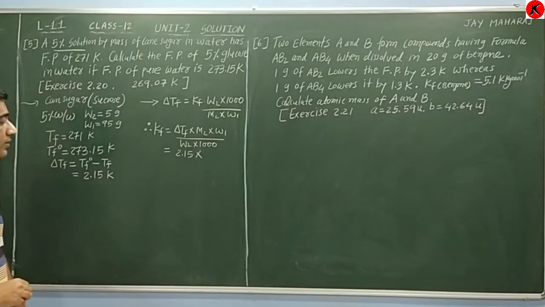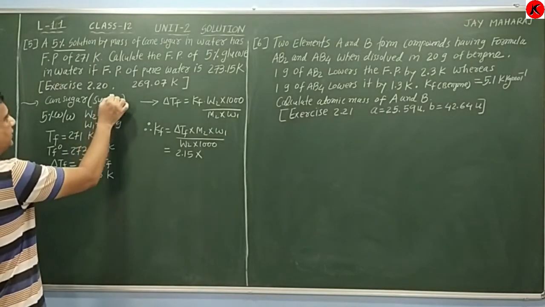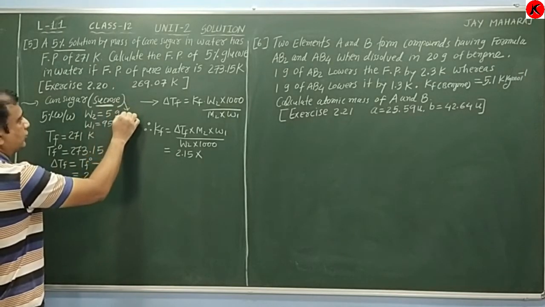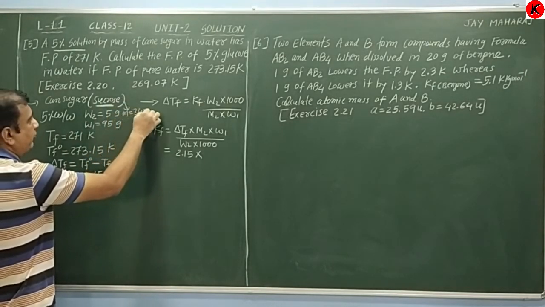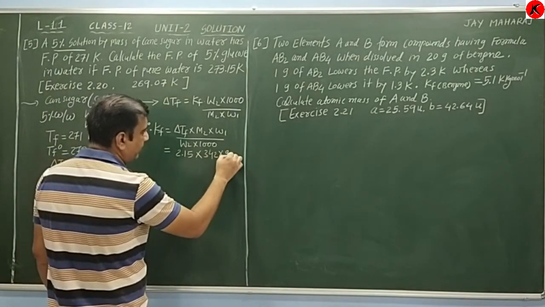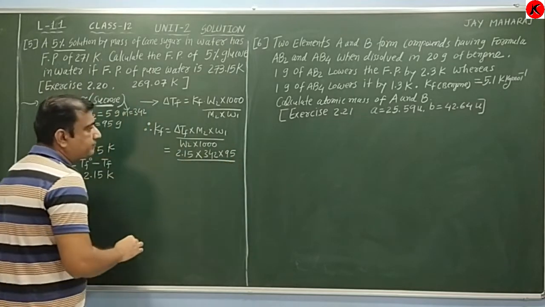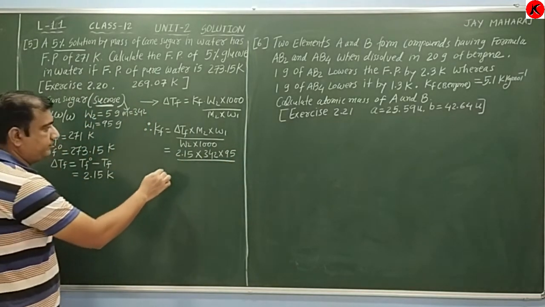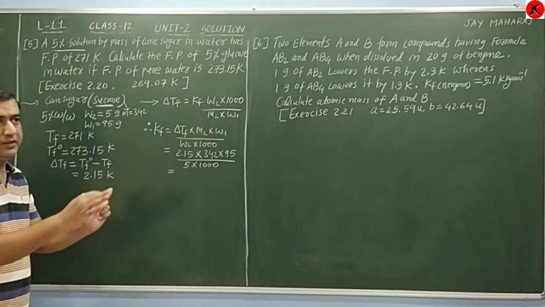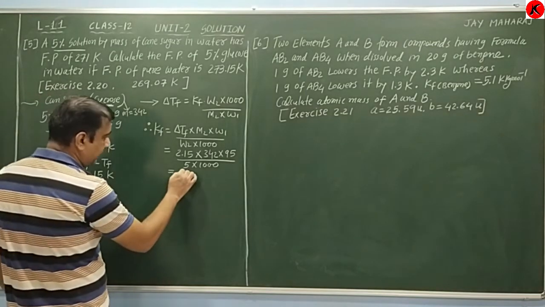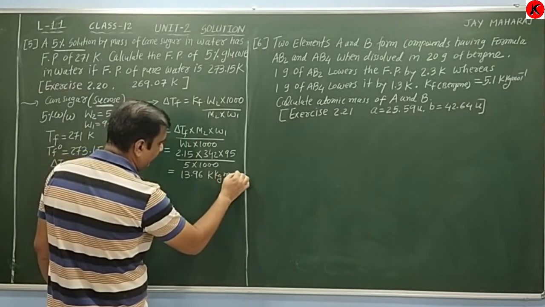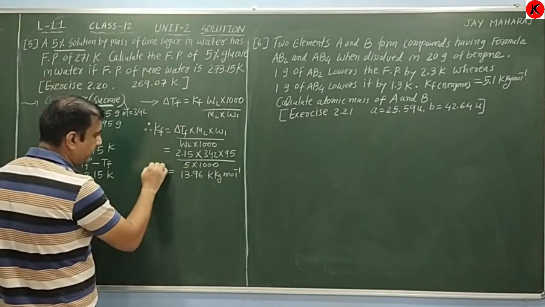Now M2, that means molar mass of solute. Here sucrose is there. Sucrose molar mass is 342. That means M2 is 342. W1 is 95 gram. Now W2 is 5 gram into 1000. Now when this is simplified, you will get answer 13.96 Kelvin kilogram mole inverse. That means Kf is calculated.